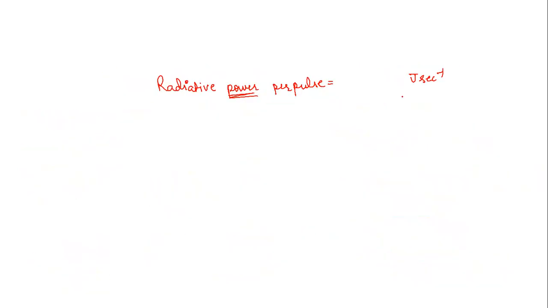So the energy per pulse is equal to 10 to the power minus 3 joules.